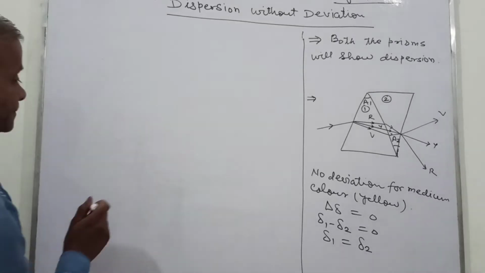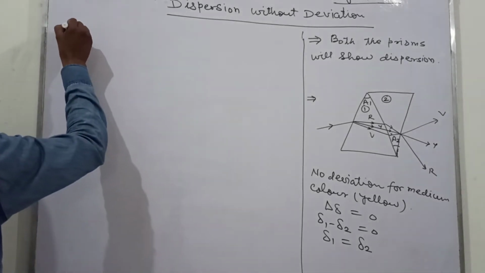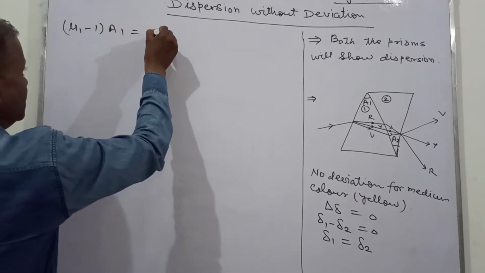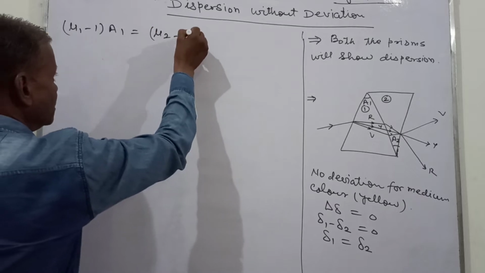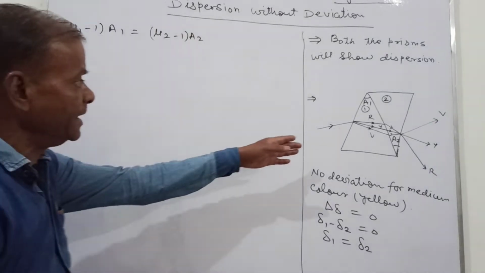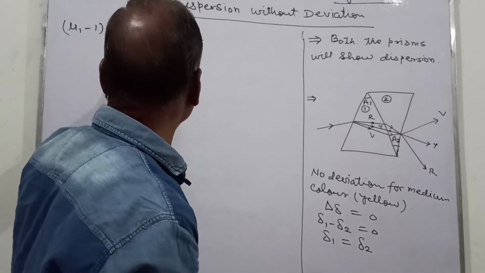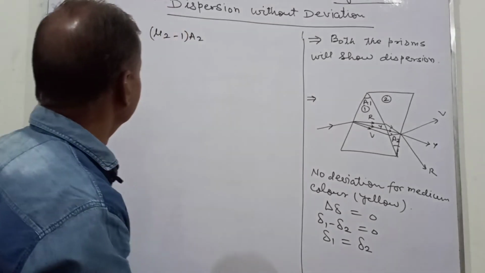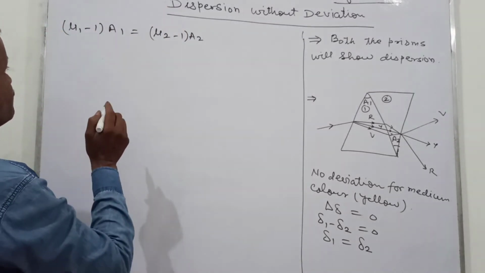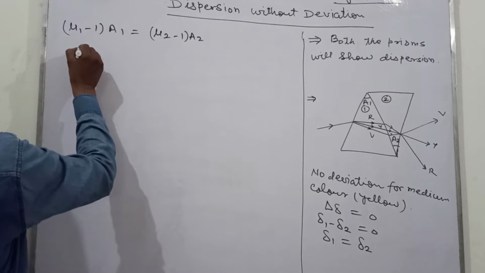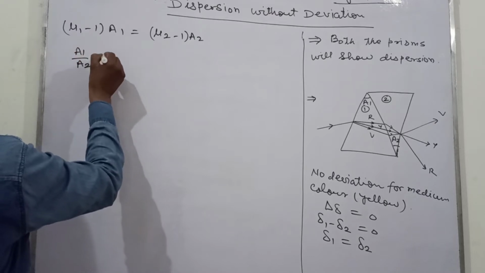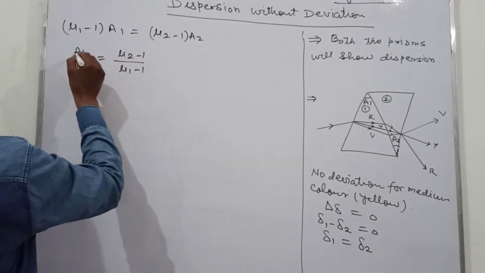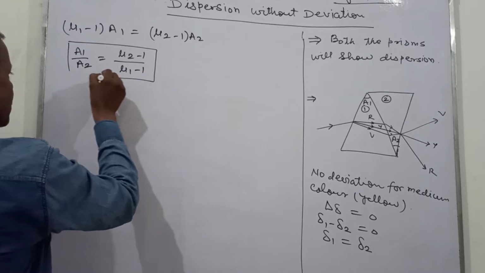And this delta 1 is equal to (mu1 minus 1) into A1, equal to (mu2 minus 1) into A2. A1 and A2 are the angles of the prisms, and mu1 and mu2 are the refractive indices for the medium color, yellow. Or A1 upon A2 is equal to (mu2 minus 1) upon (mu1 minus 1). This is the required condition.